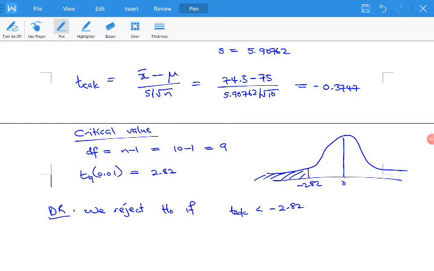In the middle we have 0. So if we take our test statistic, we will notice that it falls somewhere around here.